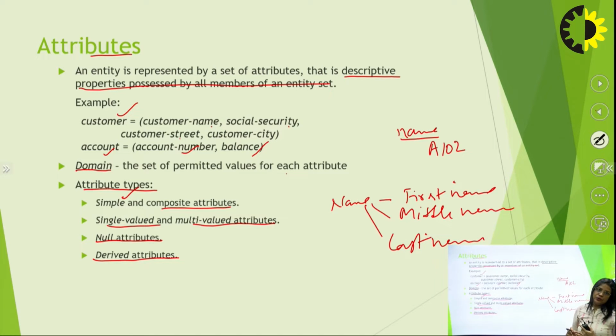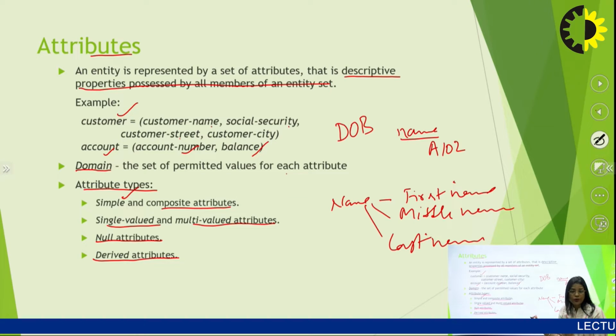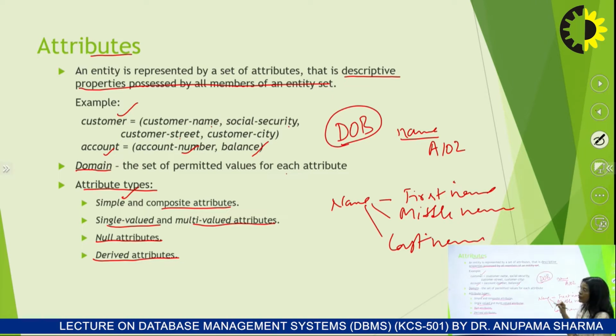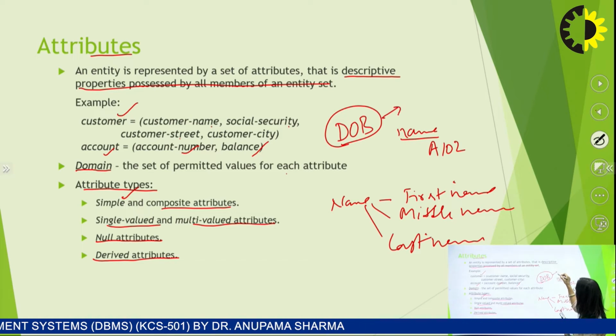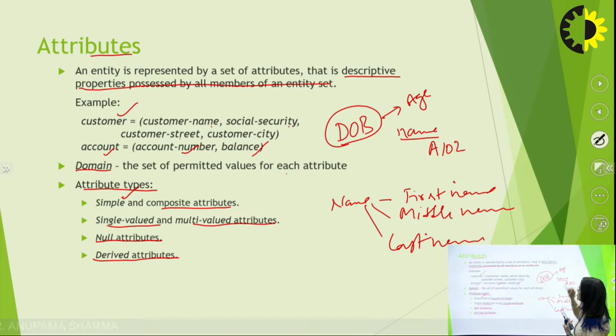Derived attribute. If we are having the date of birth of any student, employee or teacher, we can derive the age. So we need not keep the age in the database because it keeps on changing every year.